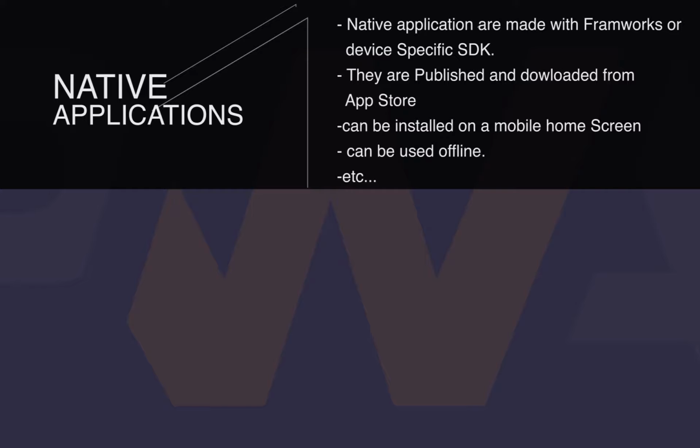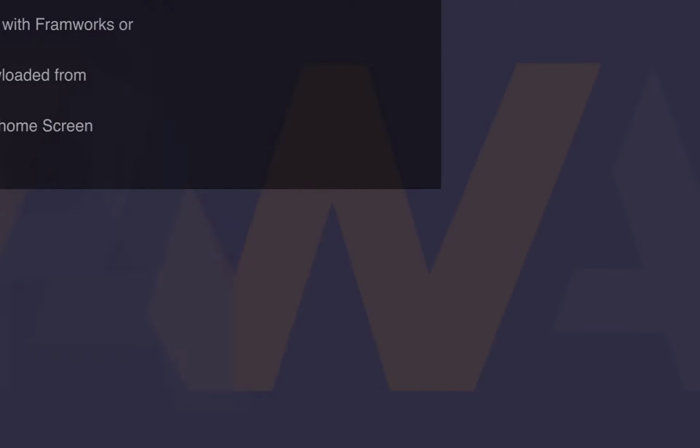So in this, we talked about using native frameworks like React, Flutter, and Ionic. Native applications can be published and then downloaded from the App Store, and also can be installed on a mobile device. They can also be accessed when the device is offline.